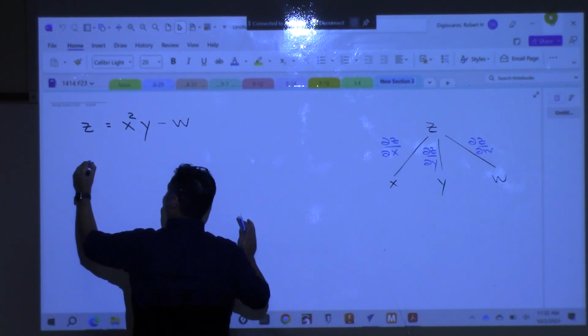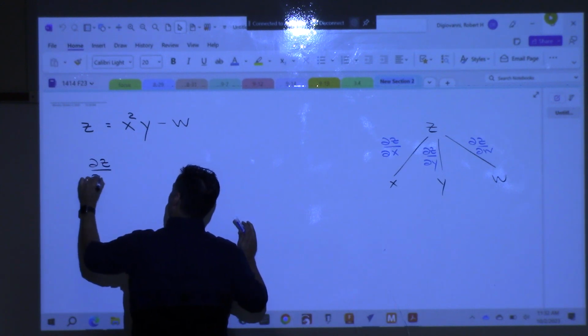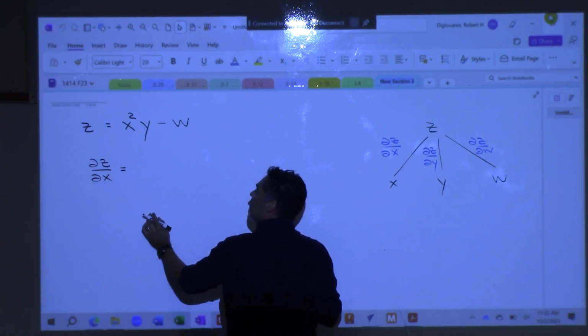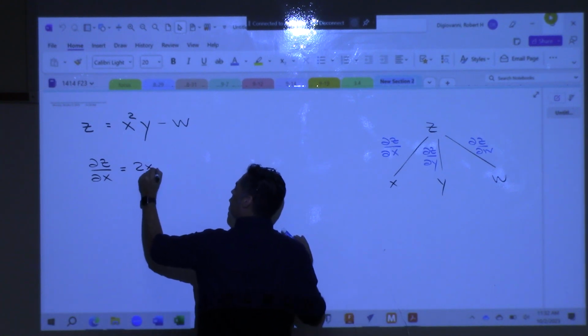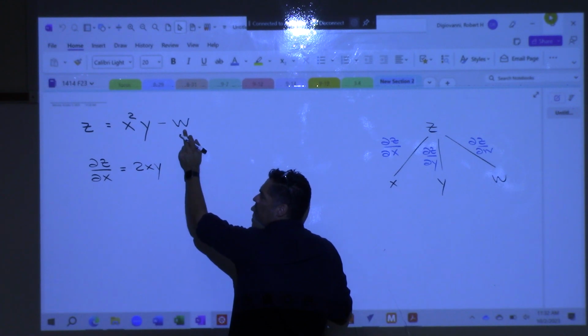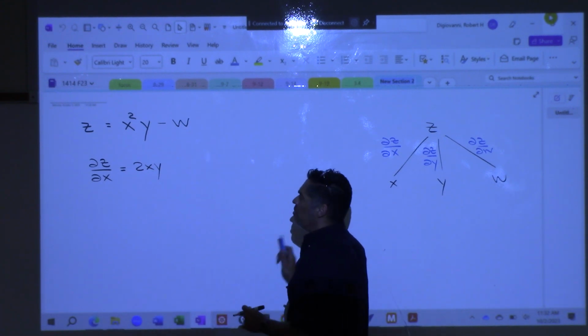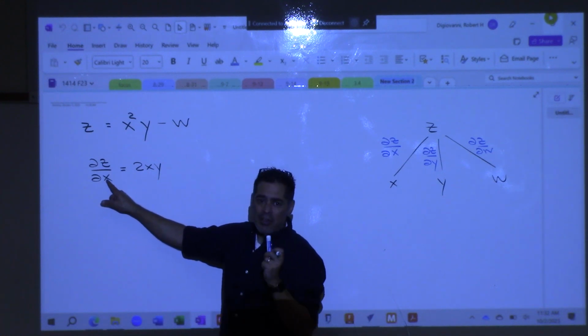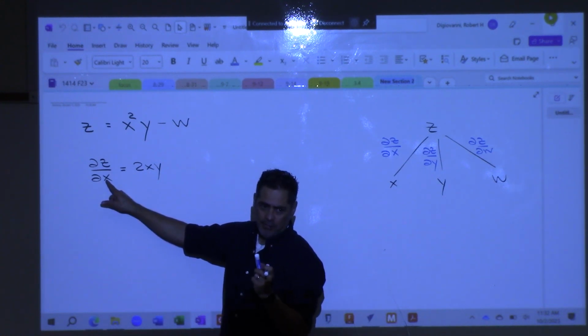The first one, partial z with respect to x, that would be what? 2xy minus, well, what's the derivative of w with respect to x? 0, right? So when we're taking the derivative of z with respect to x, we're actually holding what constant?